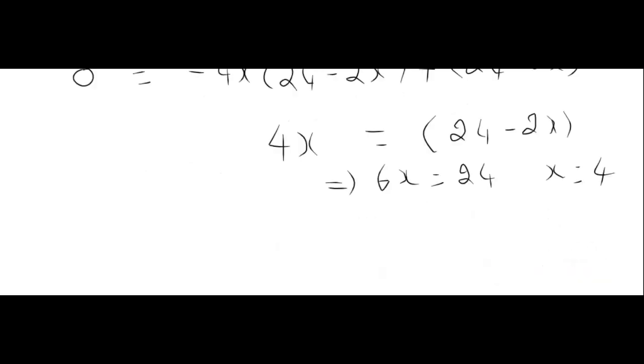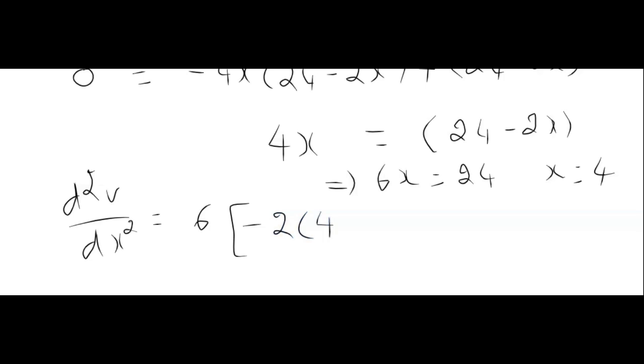Differentiating again with respect to x, we get d squared V by dx squared is equal to 6 into minus 2 into 4 minus x plus 24 minus 2x into minus 1.